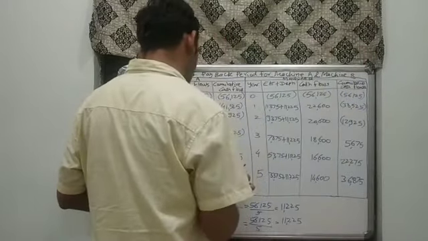Payback period for machine A and machine B. For machine A the payback period would be between the third and fourth year, whereas for machine B it would be between the second and third year. Definitely the payback period for machine B is less, that is why we should select machine B, but we have to calculate it again.